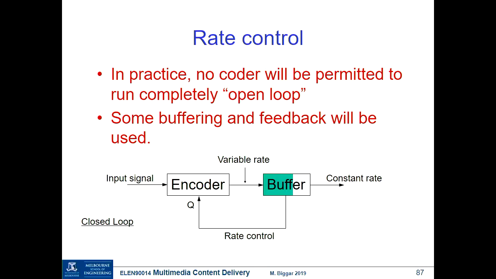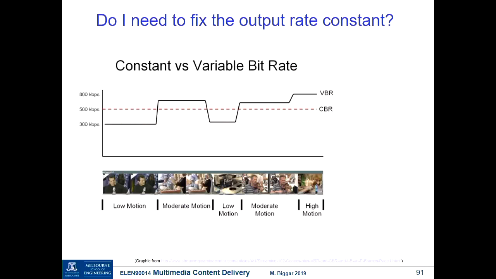Okay. So let's think about the consequences of constant and variable bit rate in terms of the overall effect on the video. Let's assume two cases.